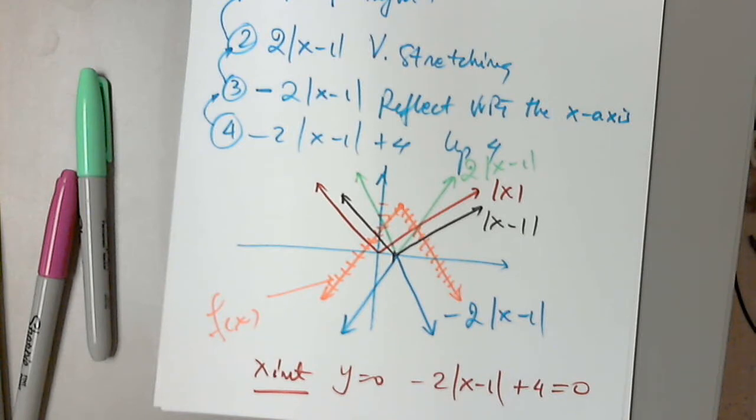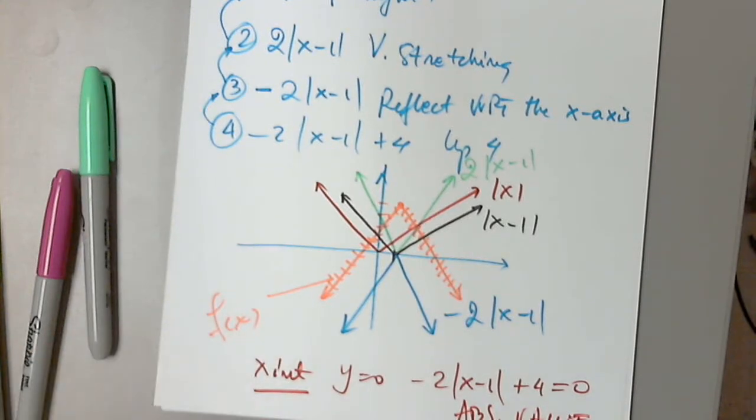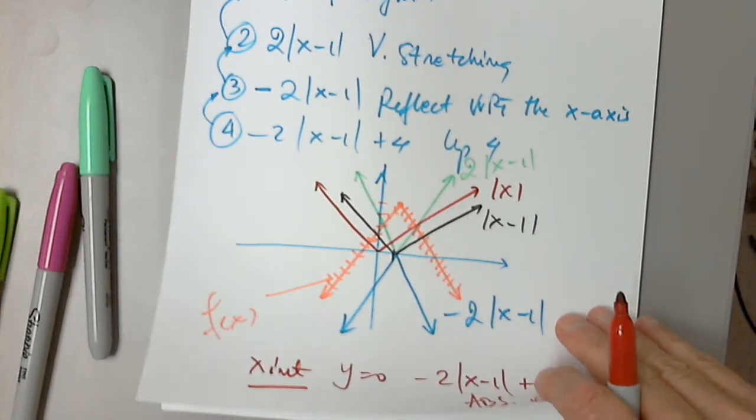What type of equation is it? Linear equation? Thank you. It's an absolute value equation. Why? Because it has an absolute value in it. Very good.